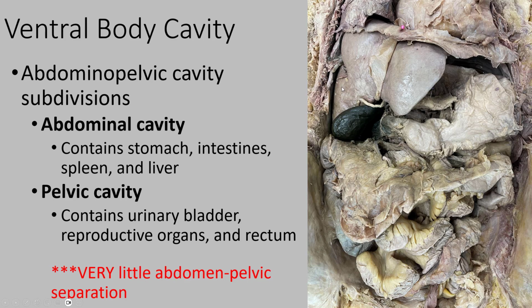The abdominal cavity contains our stomach, our liver, the gallbladder, the large and small intestines, most of the large intestines, the spleen. So really almost everything you see here is within the abdominal cavity portion of the abdominopelvic cavity.